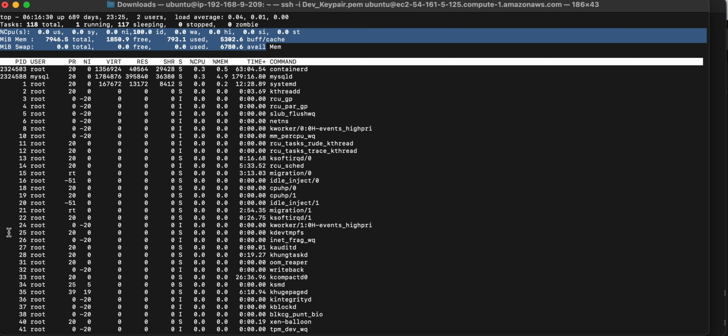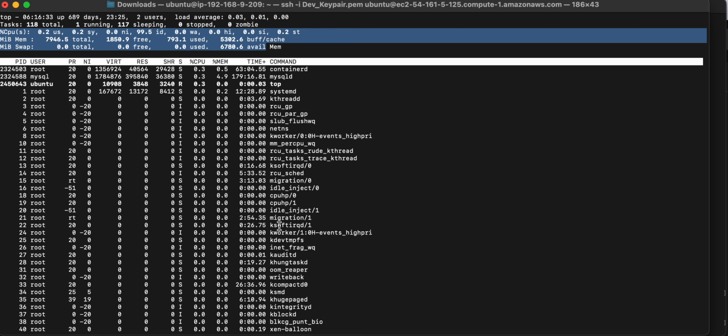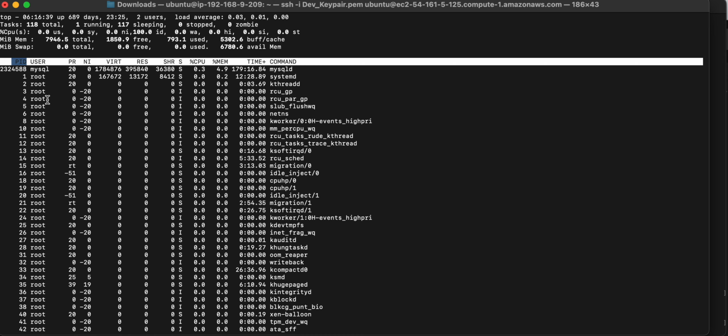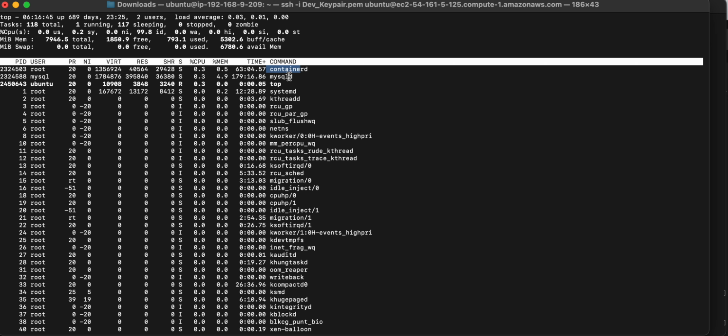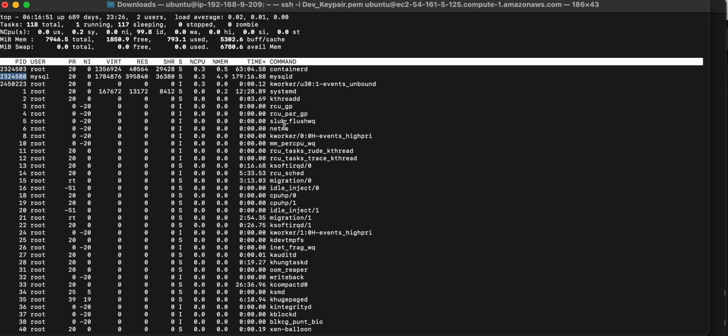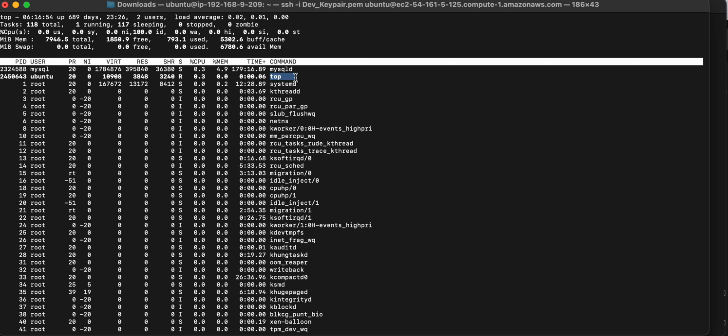First of all, these are the processes which are running. PID is the process identifier. If this is the process mysqld, then this is its process ID. These IDs are helpful if you want to stop a process.